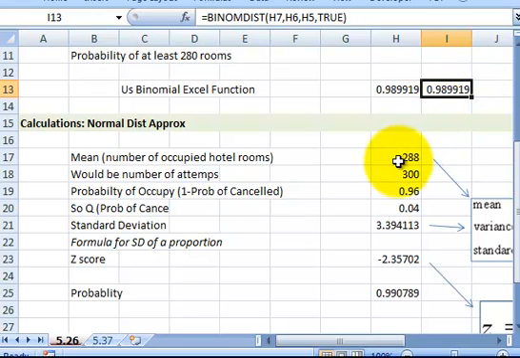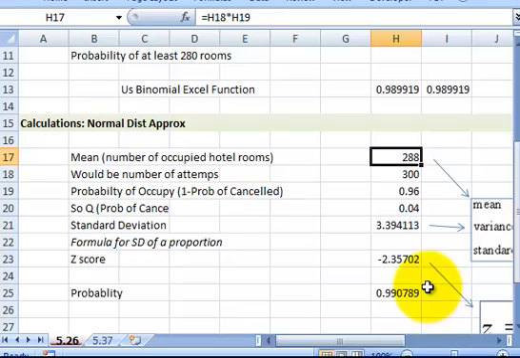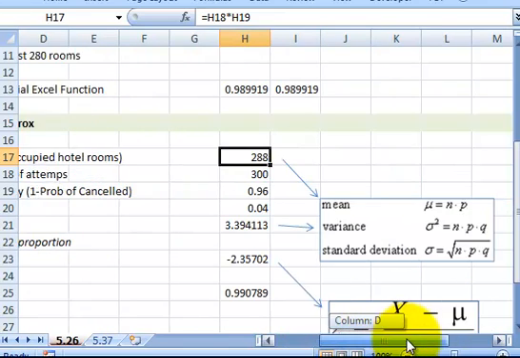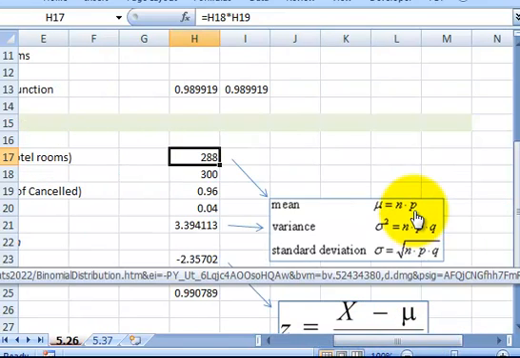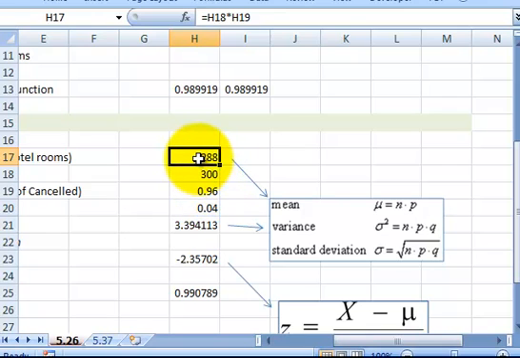So let's talk about how we're going to do this. First of all, the mean for a binomial distribution is the number of trials times the probability of success. For this example, I'm going to switch around to make it easy on ourselves. Let's call success that a room is occupied.